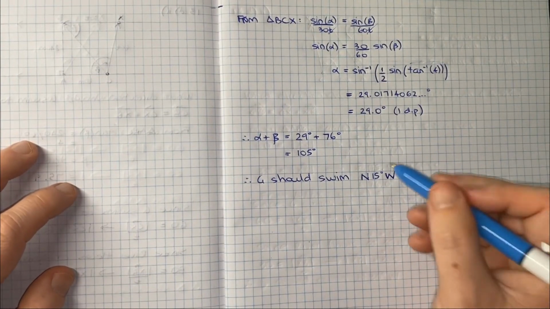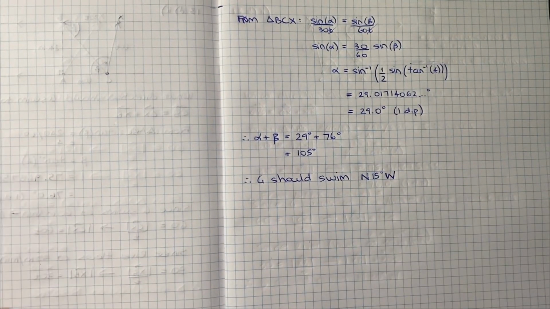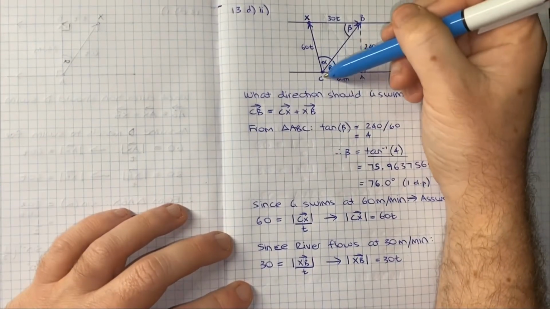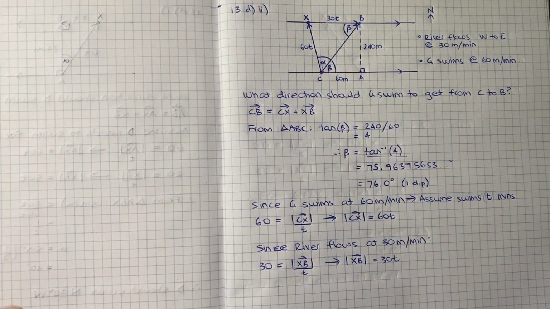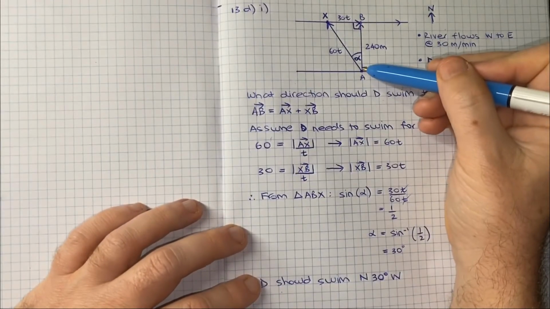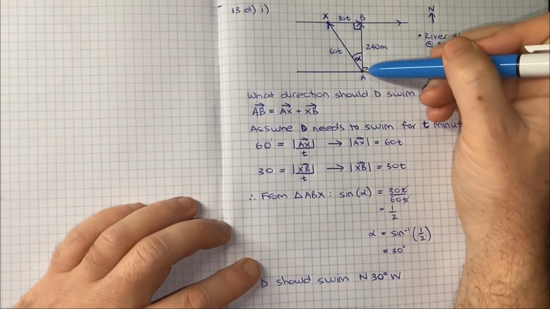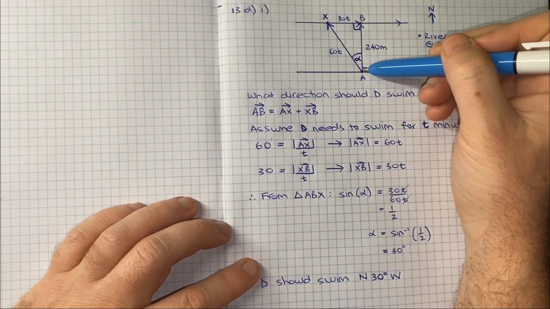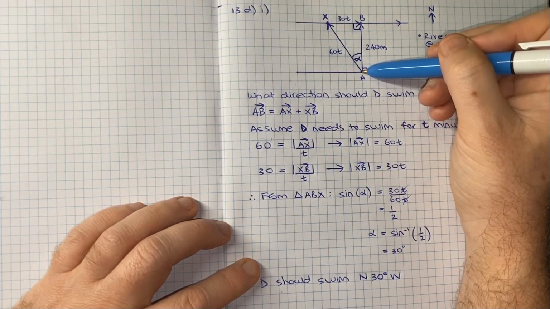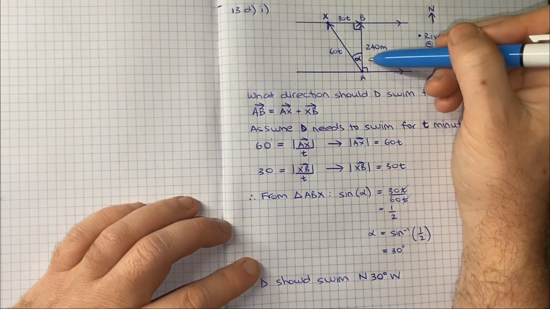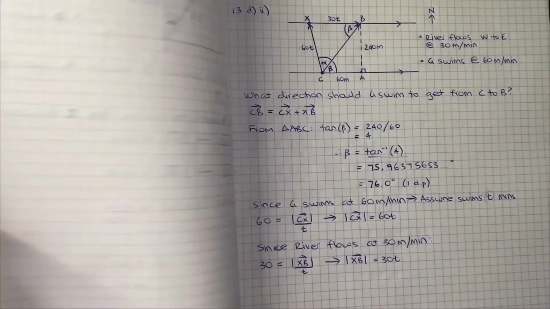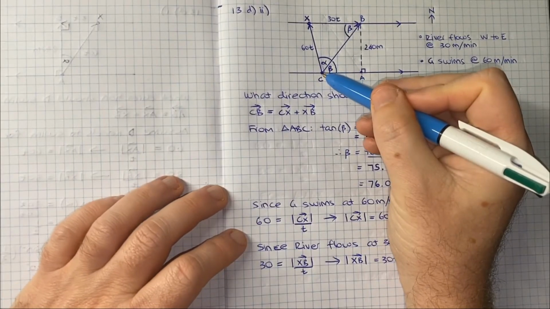So now that we've done that, it makes sense that the amount west we're going is smaller than the amount west we went in part A. Because if we're starting from directly beneath point B, then we're going to have to point further west given the current to end up at B than if we're already starting to the left.